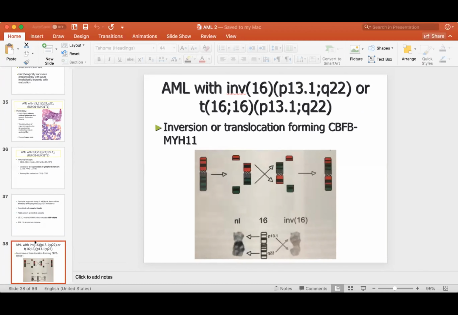This translocation forms CBFB-MYH11, which is the core binding factor beta and the myosin heavy chain 11. This is chromosome 16. A portion of the P and Q arms are translocated or inverted.